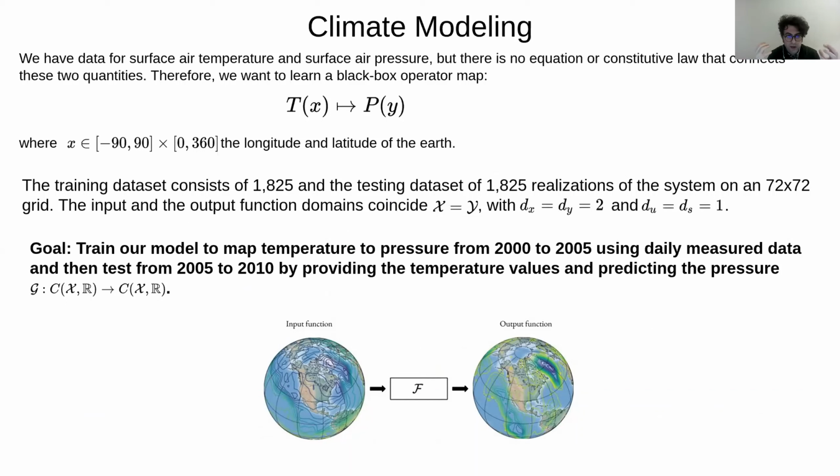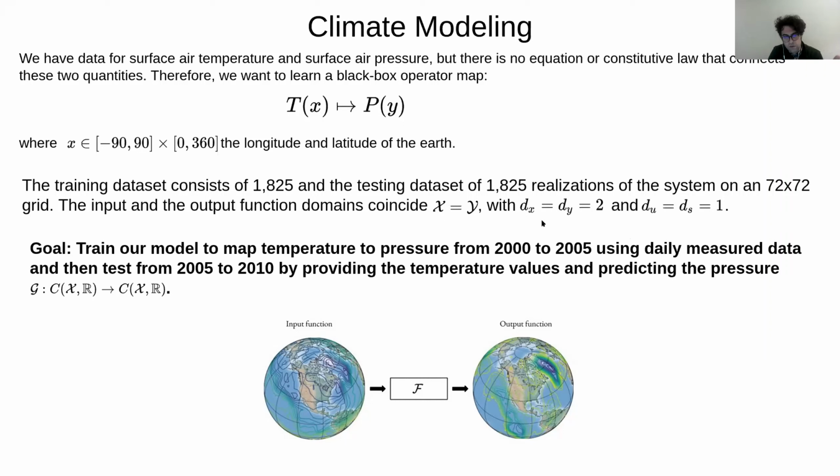Okay, we have 5 years span of that for training and 5 years for testing. So now the training problem is a little bit different. Our input-output function pairs are daily temperature and pressure. No, temperature input, pressure prediction. So what we do is use the data from 2000 to 2005 for training, and 2005 to 2010 for testing.